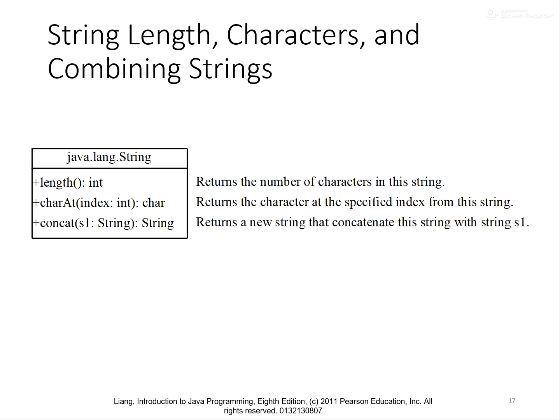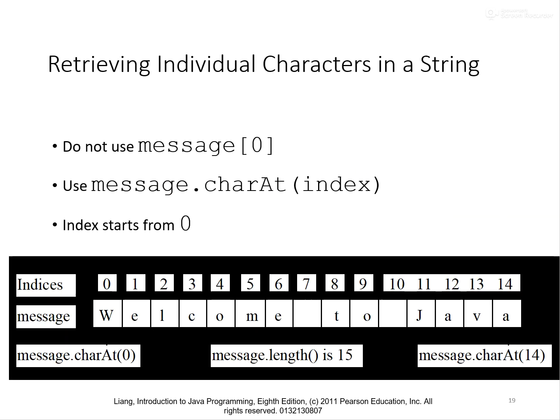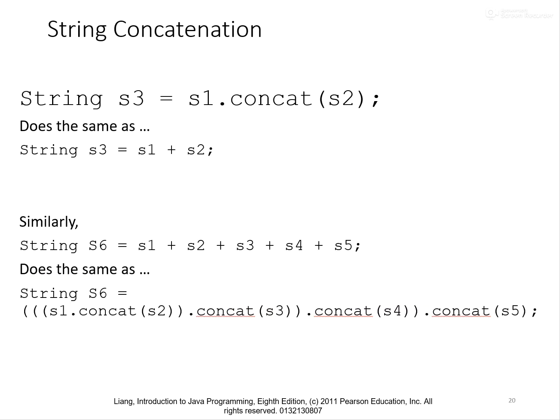All right. So if you're wondering, the plus sign that we just used does the same thing as the concat method. As you can see, using the plus sign to concatenate strings is much more readable than using the concat method, but they both accomplish the same thing.